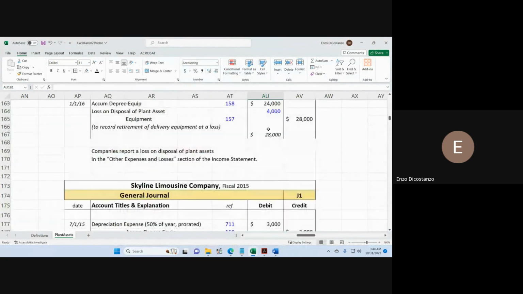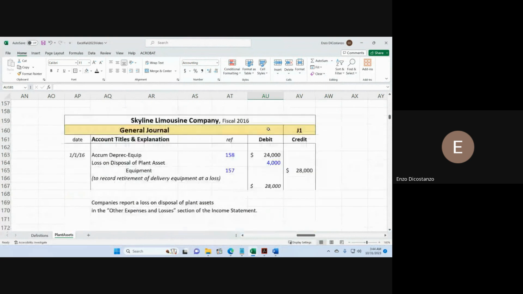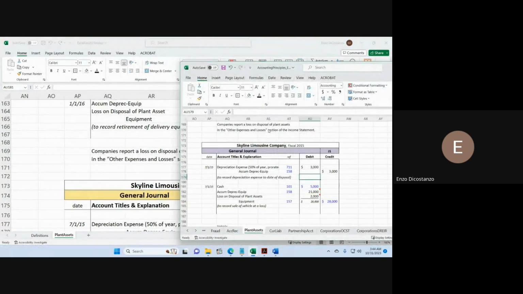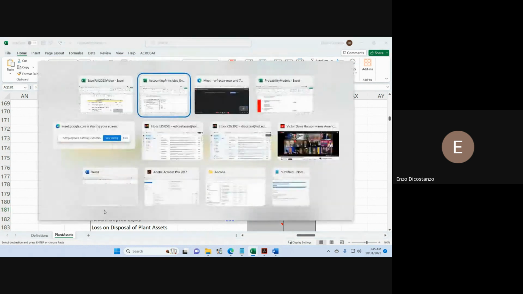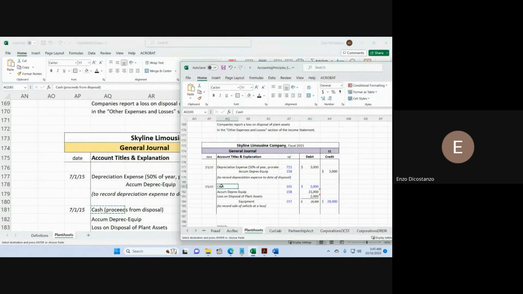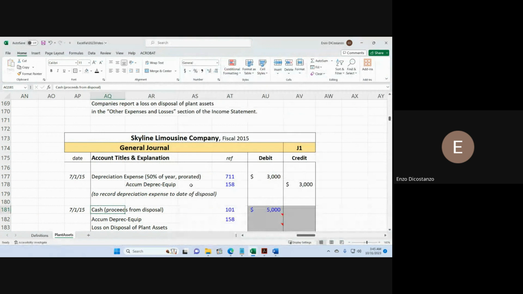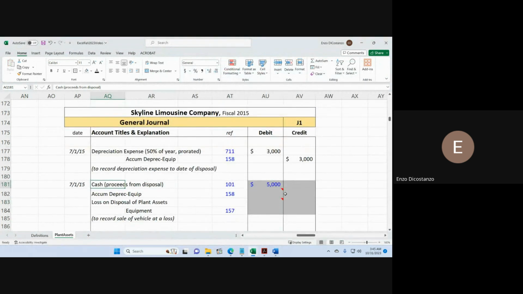And then it says you're going to sell it for 5,000. So the proceeds, that's 5,000, which is right there. Right? That's 5,000 right there.